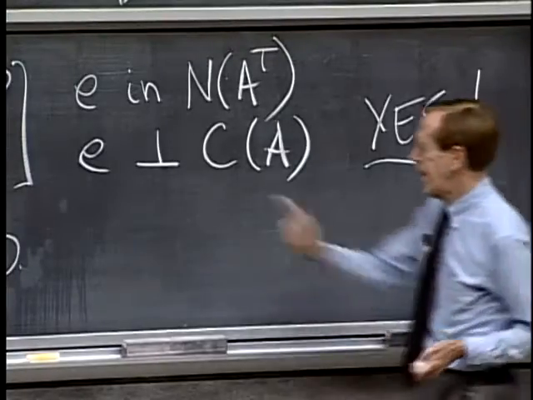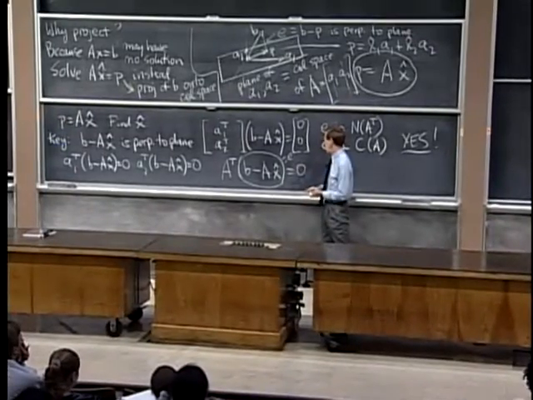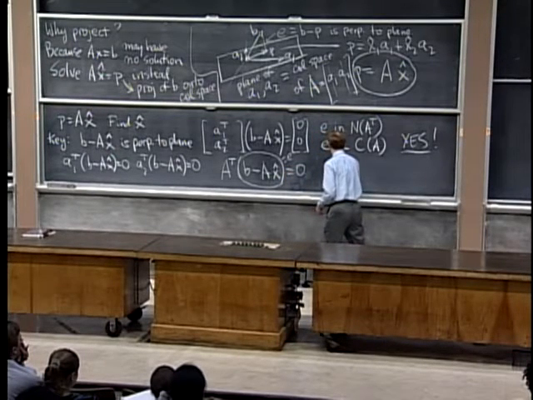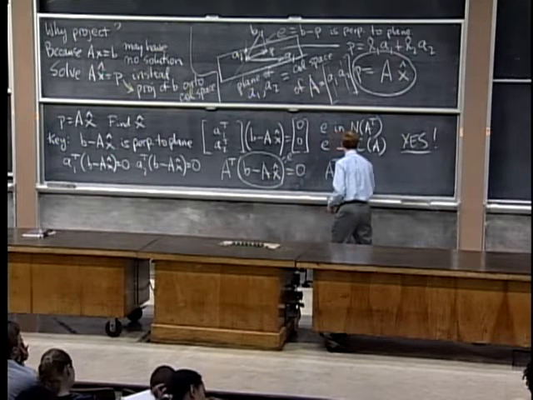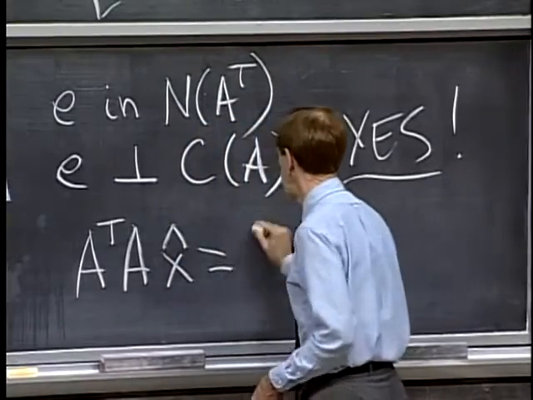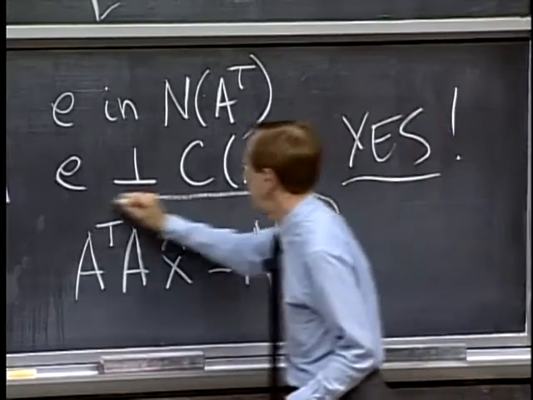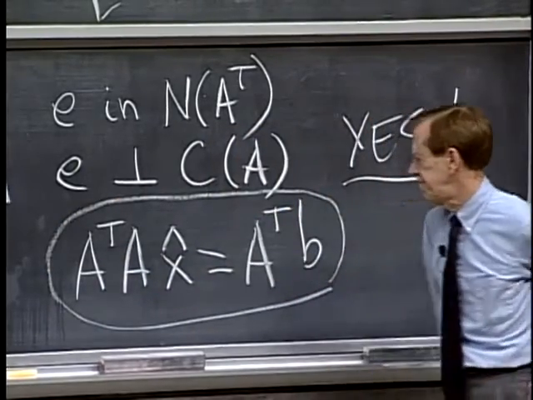Okay, so we got this equation. Now let's just solve it. Let me rewrite it as A transpose A x hat equals A transpose B. That gives us x hat.